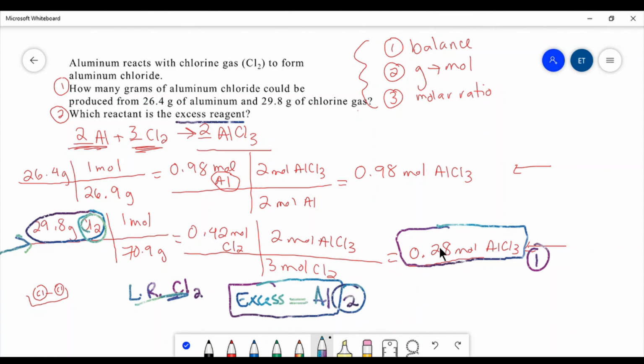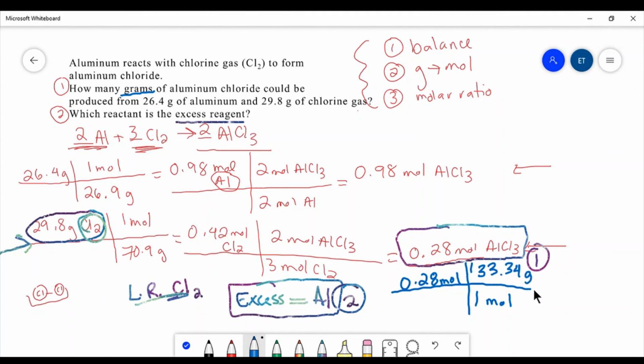And actually, I forgot to add this. So we have the answer in moles, right? But right here, the question is asking us to convert to grams. So what we're gonna do now is convert from moles to grams. So per every 1 mole, we know that aluminum chloride has a total mass of 133.34 grams.